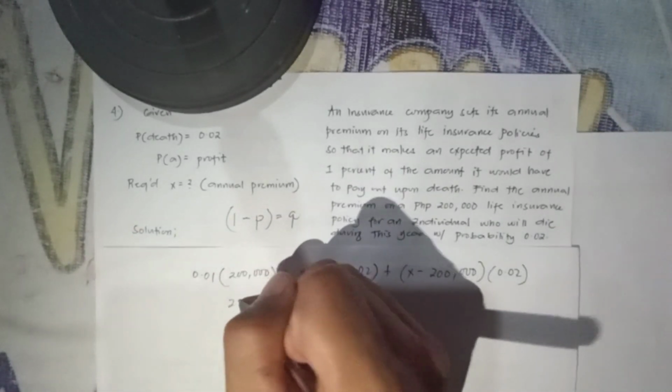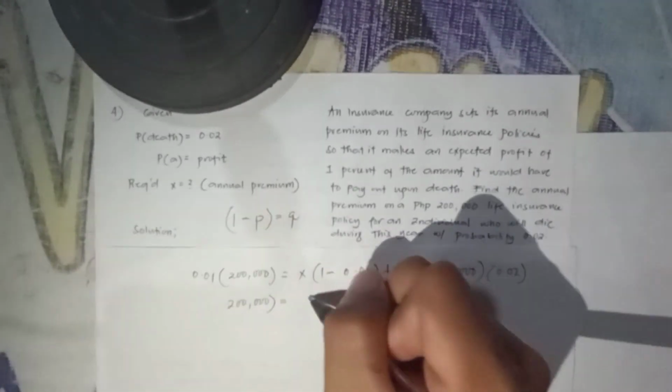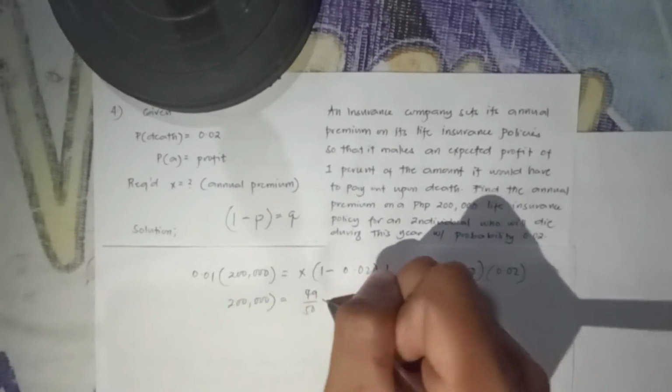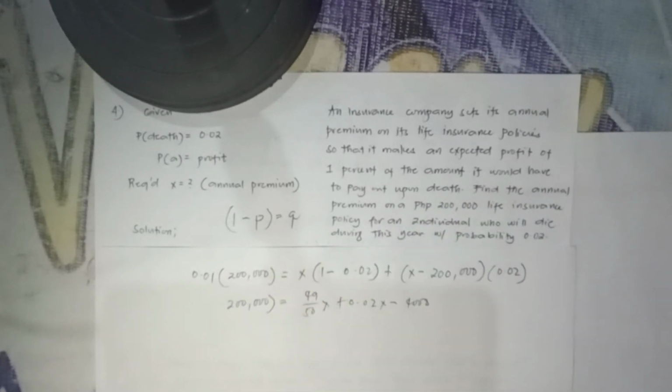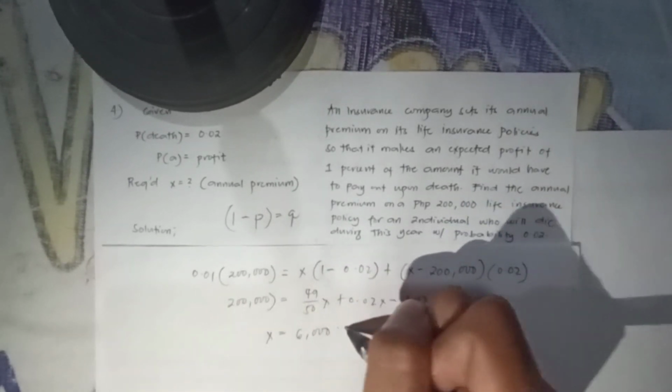And then when you calculate all of this, you have your formula 50x plus 0.02x minus 4,000, and then you get the value of x equals to 6,000 peso.